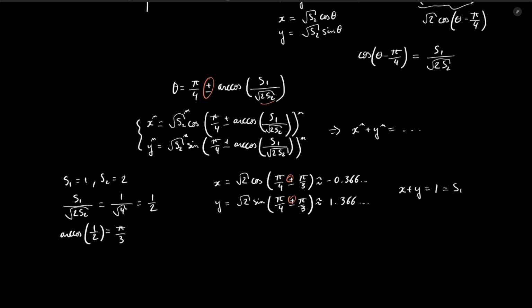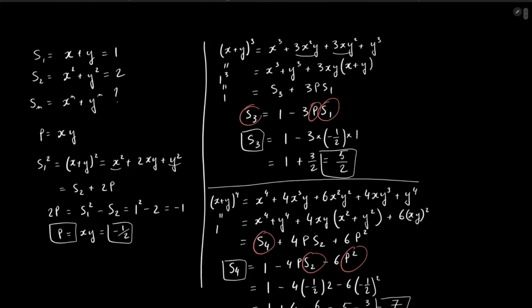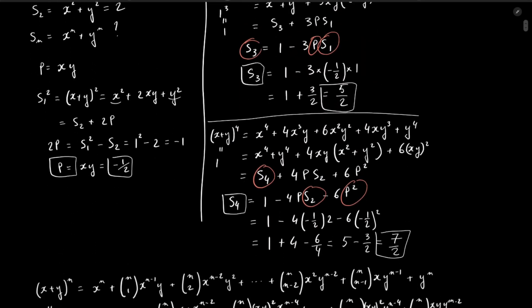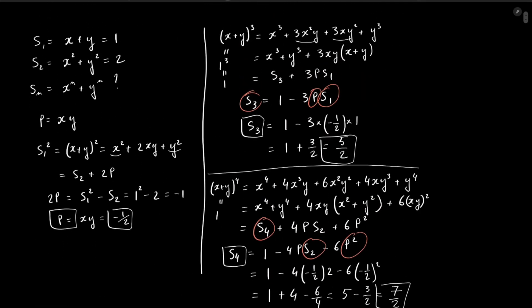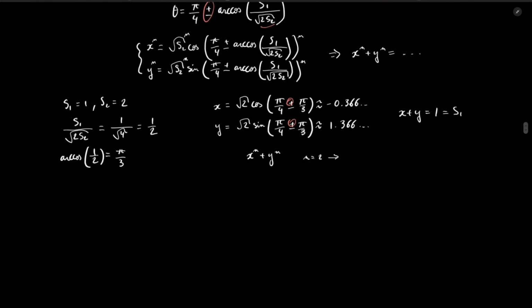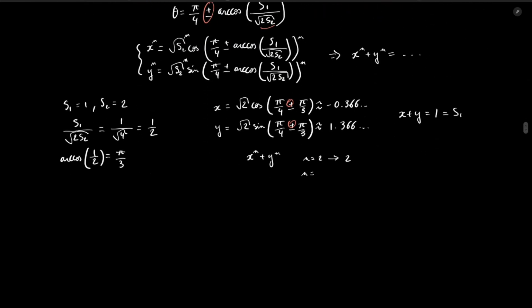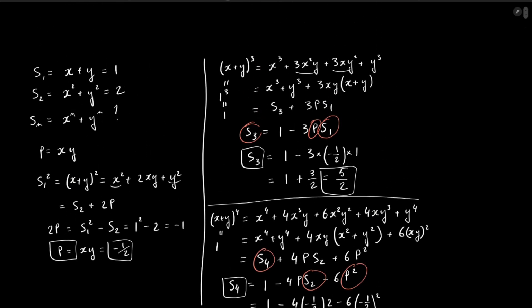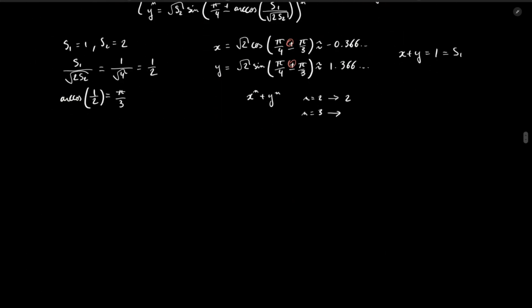But interestingly, when you take x to the power of n plus y to the power of n, if we go back to the previous solution that we found, for n equal to 2, it will be equal to 2. For n equal 3, this value is going to be equal to 5 over 2.